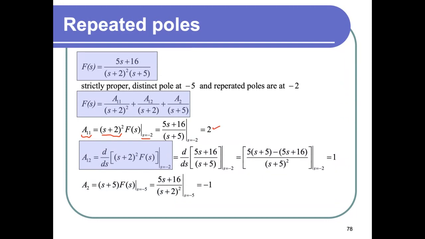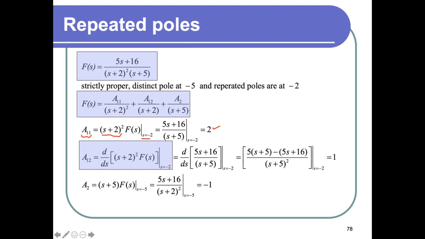Then for the second term, I cannot multiply by s plus 2 and evaluate at minus 2, because this part will cancel this part, but then I will still divide over 0 and we will get infinity. So we want to avoid that. The remedy is to take the derivative of the entire thing.